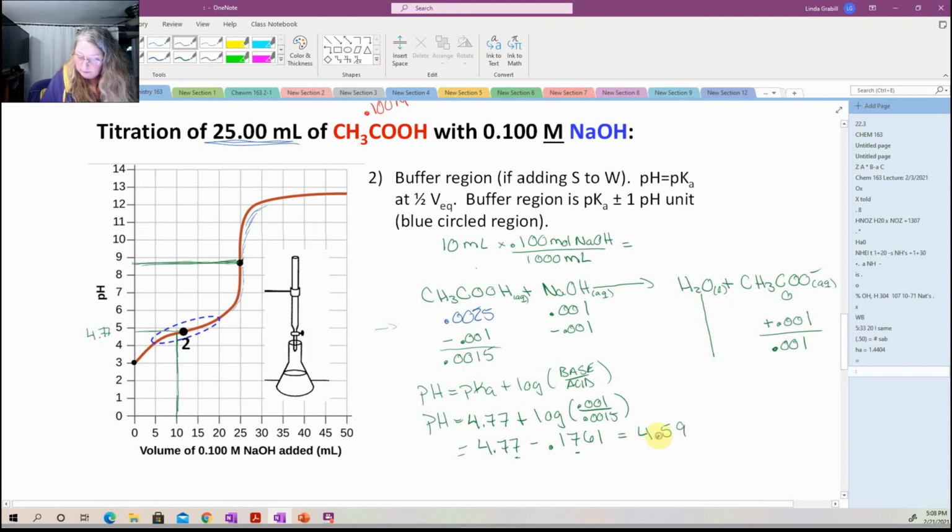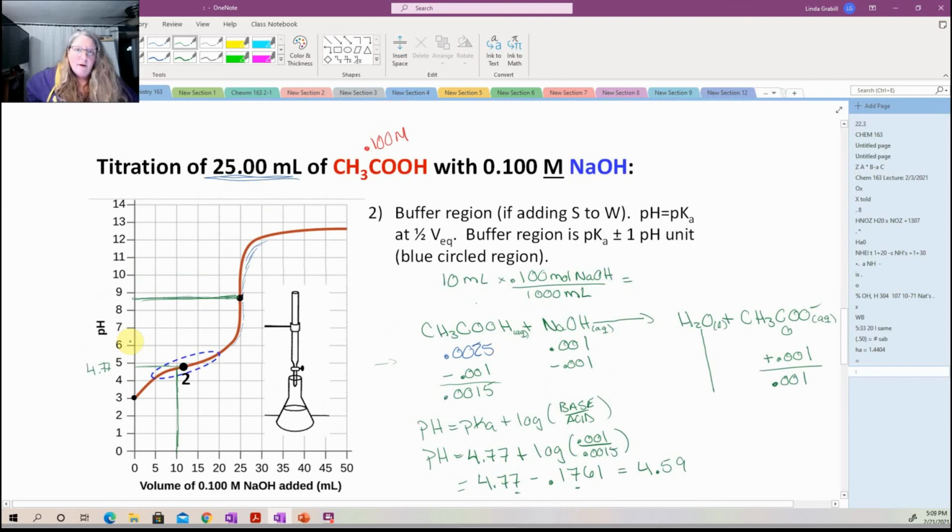Good. So our double check there is that we would expect it to be lower than the pKa, because we haven't gotten to the point where I have an equivalent amount of my weak acid and base. But look what we did. We started with only a volume of our weak acid.